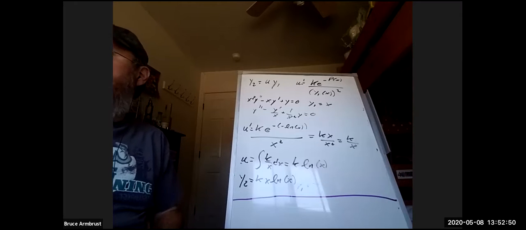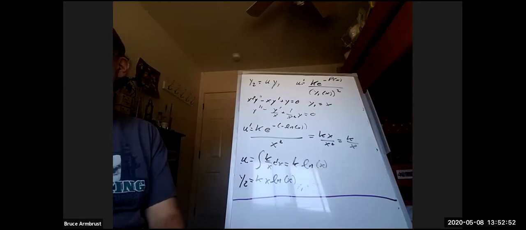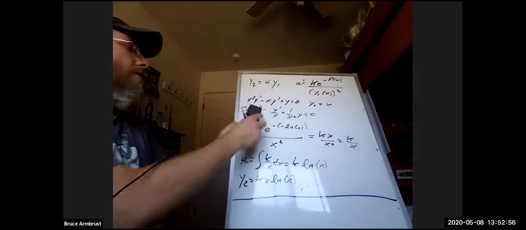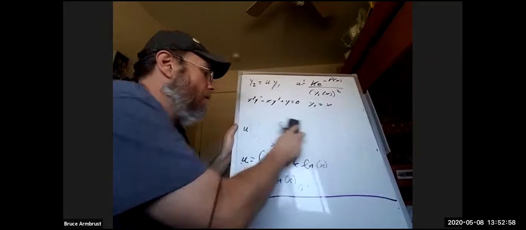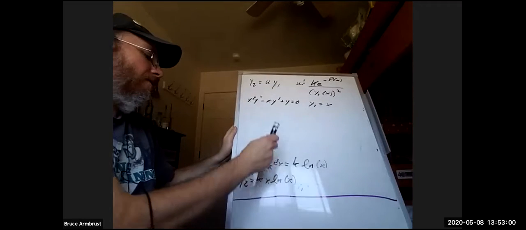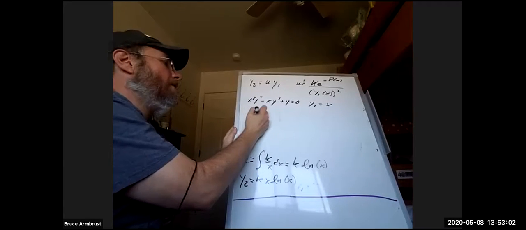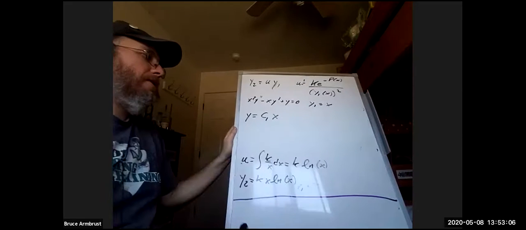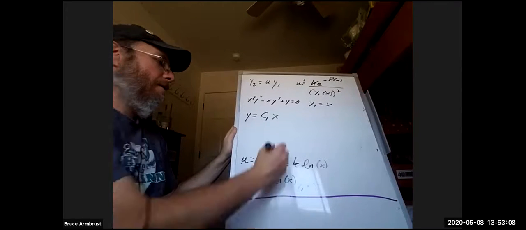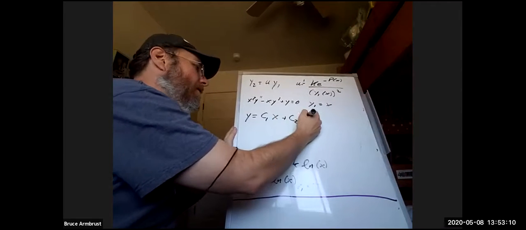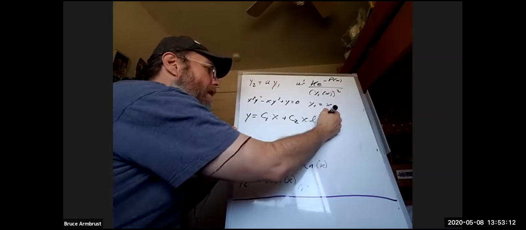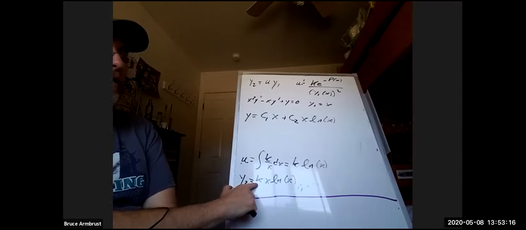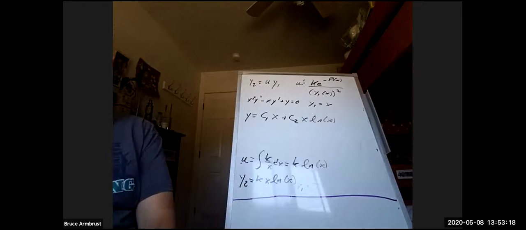So if we want to get the generic solution to this differential equation, this is what any solution is going to look like. Y is going to equal c1 x, because that was our first function that we knew was a solution, plus c2 times x natural log of x. And whatever that k is going to get lumped into our arbitrary constant.